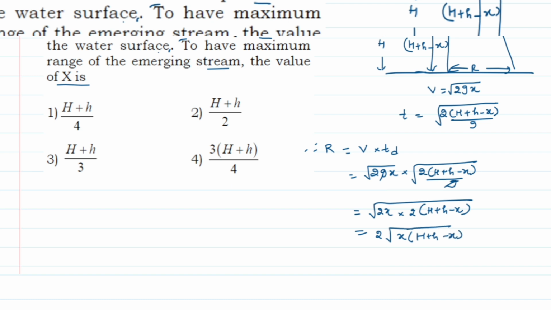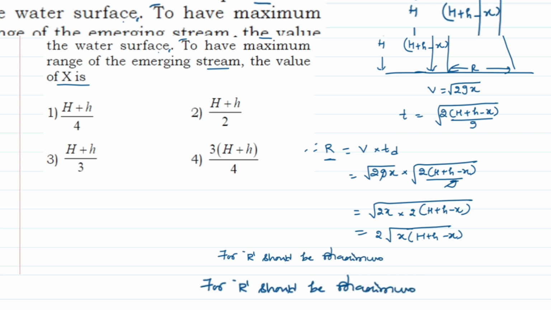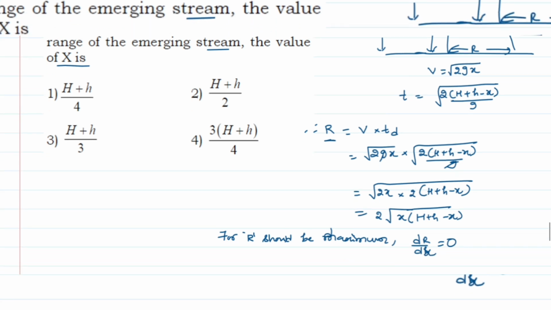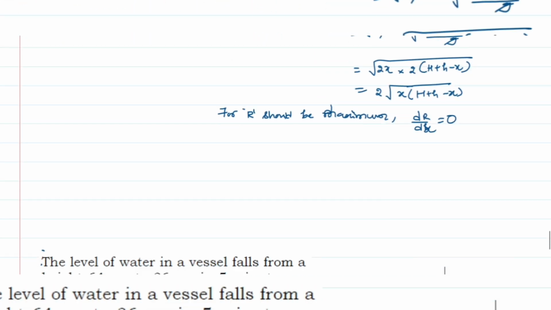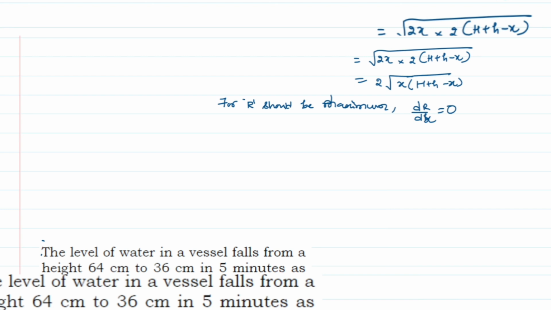Now for R to be maximum, you can take dR by dx and make it 0. You just do the differentiation on both sides. When you are doing differentiation, dR by dx will be equal to 1 by root x.